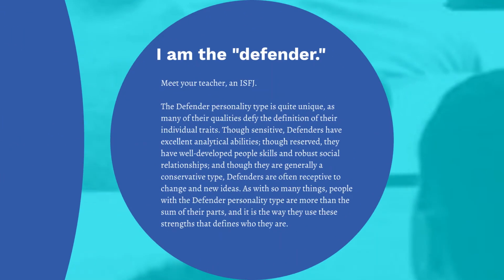Who am I? I am the defender. According to Myers-Briggs, I am an ISFJ, introvert, sensing, feeling, judging. The defender personality type is quite unique, as many of their qualities defy the definition of their individual traits. Though sensitive, defenders have excellent analytical abilities.